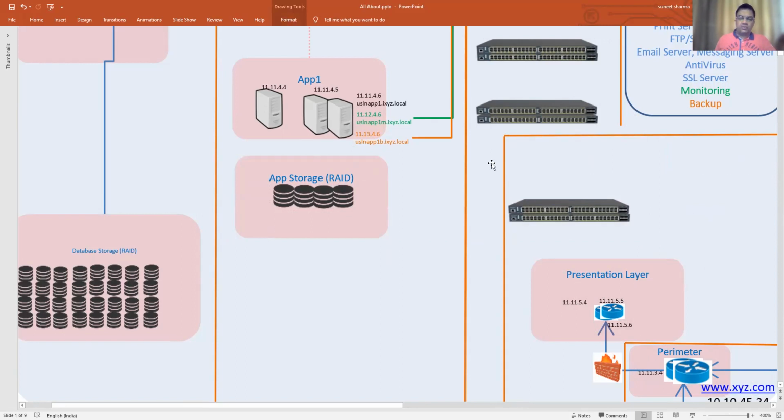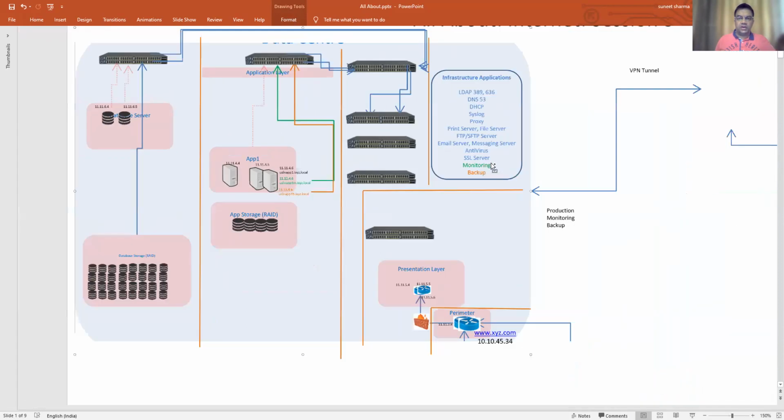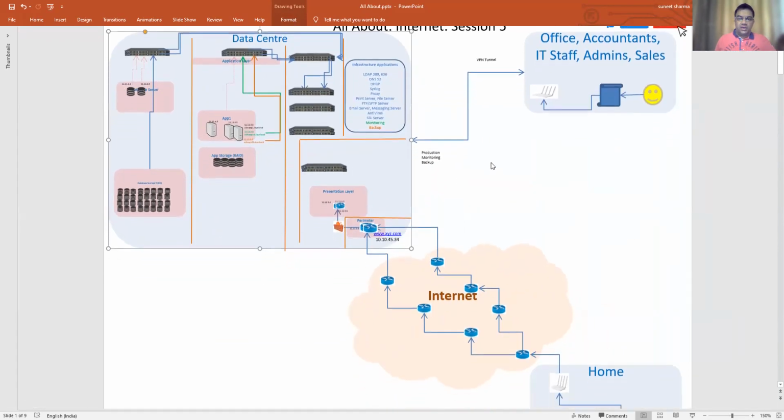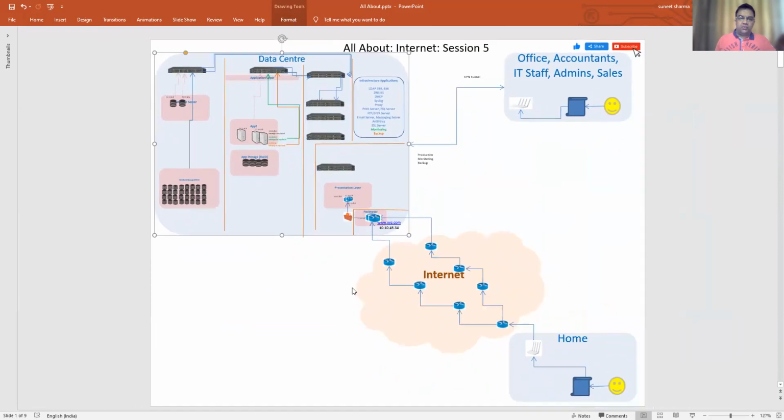But before that, we have to understand one thing that is called redundancy. What is redundancy and why is it required? Redundancy is closely connected to high availability. We are learning how to set up a solution which will be highly available: if one device is down, one network connection is down, or one internet connection is down, then another will be up.